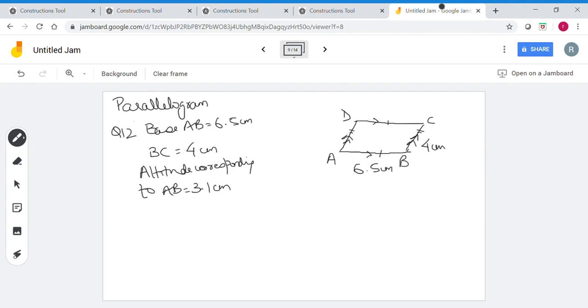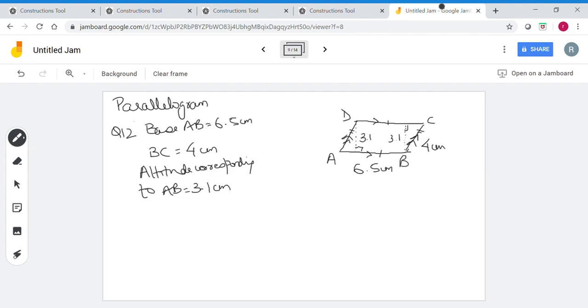In this case, if you draw a perpendicular from the vertex and it falls on the other side, then that's the altitude. So you can draw the altitude from here, making a height. This is 3.1, or you could draw it from B going up to here, which is 3.1. If you want to draw it within this figure, it'll come inside the figure.